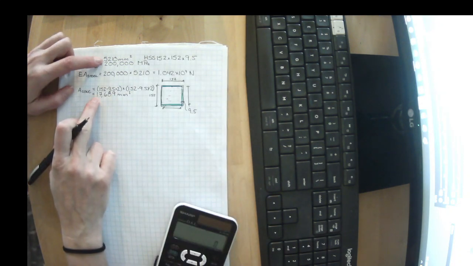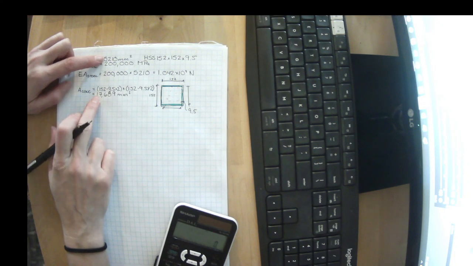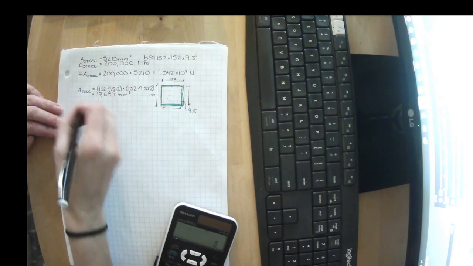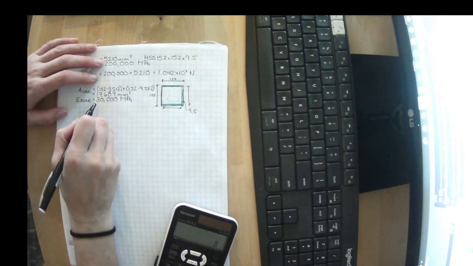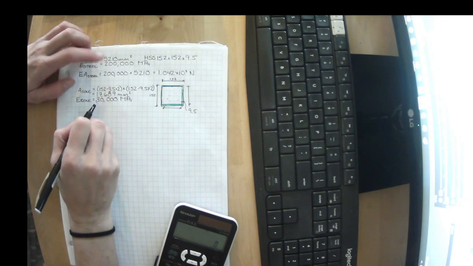millimeters squared. So a much higher area than the steel. In fact, it looks like just over 3 times the area of steel. But the E of concrete, they gave us right in the question. They said it was 30,000 MPa, which means the steel is almost 7 times as stiff.